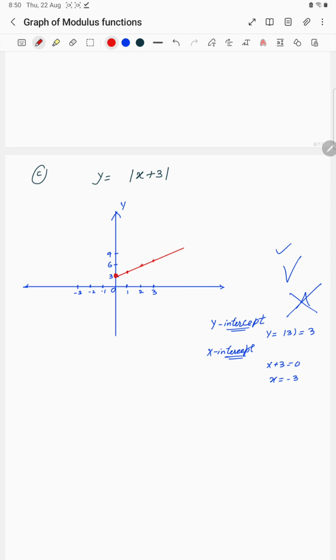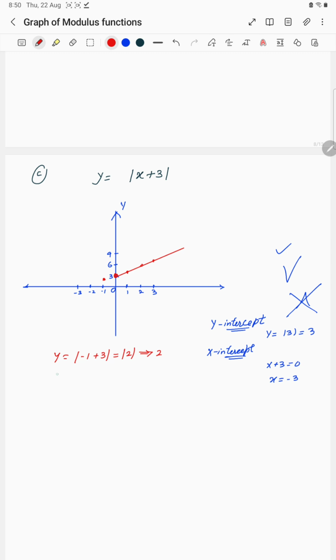And reflection, the same sign, when x is minus 1, so what it will be, y equal to minus 1 plus 3, that is 2, so we'll get 2. Minus 1, it is here, right? Minus 1, it will be 2.